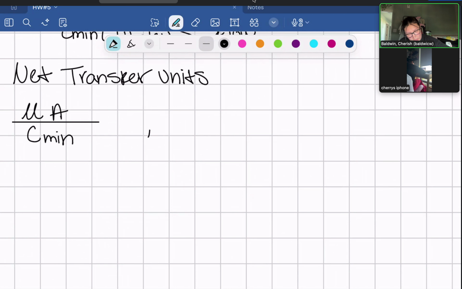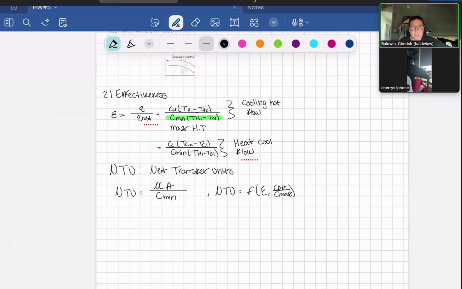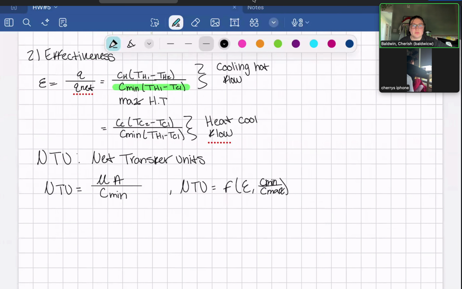So then NTU can also equal F efficiency C minimum divided by C max. So all of these equations can be used in conjunction to solve for the NTU or effectiveness.